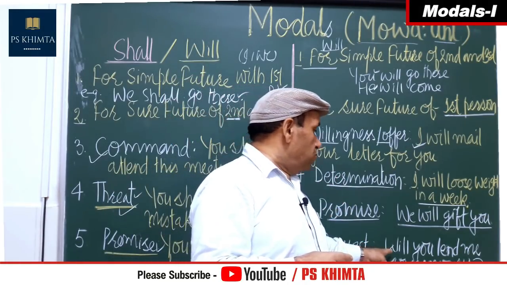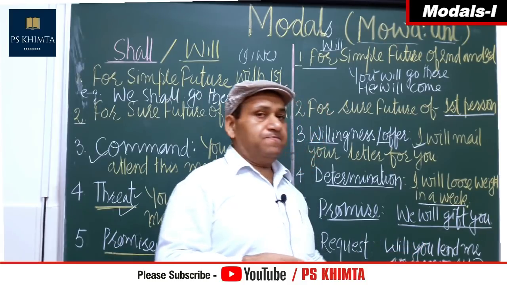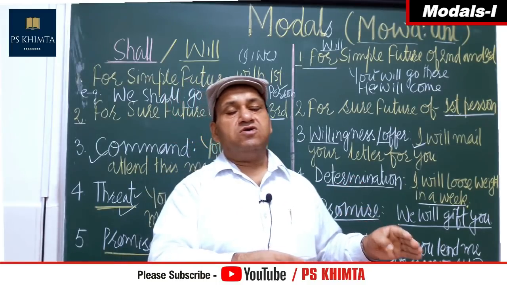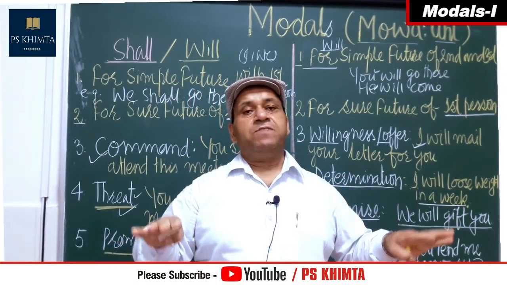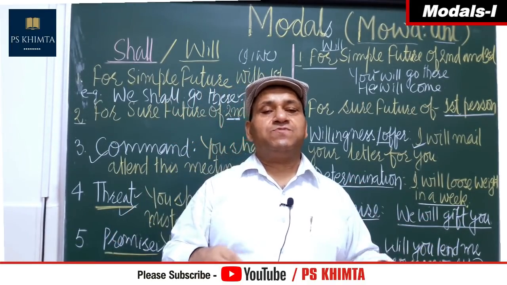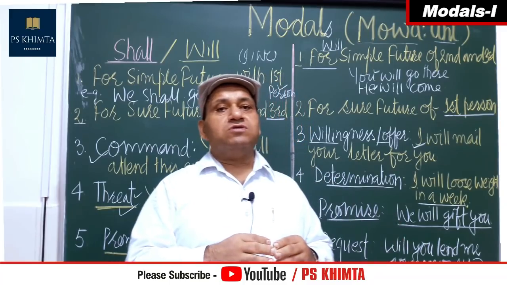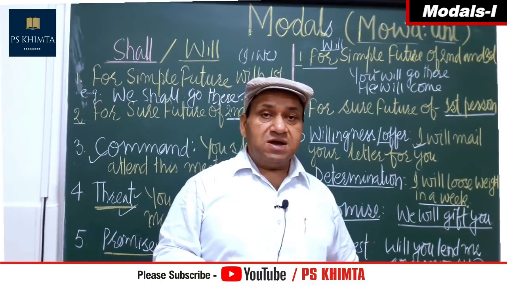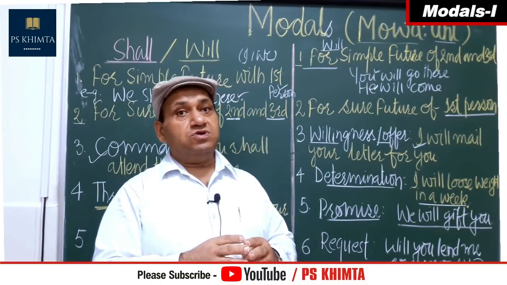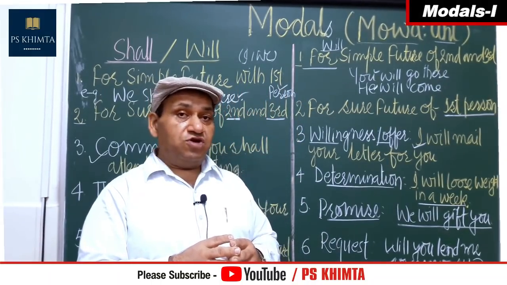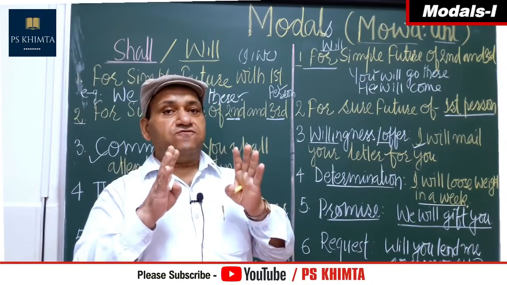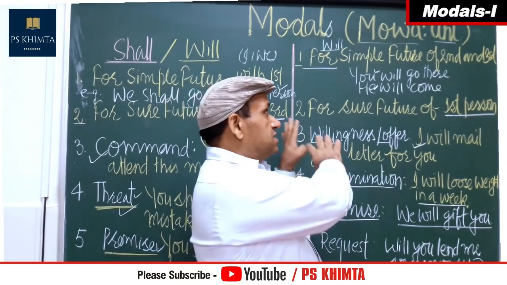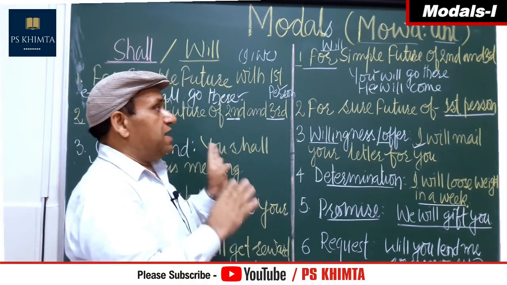See here, will you lend me some money? This is a request made to a friend of equal status or age, maybe a classmate. Will you lend me your book? But if I am requesting my sir, I would say, could you, or I wonder if you could. These are 4 types I'll be taking later on, but this is the display of shall and will.